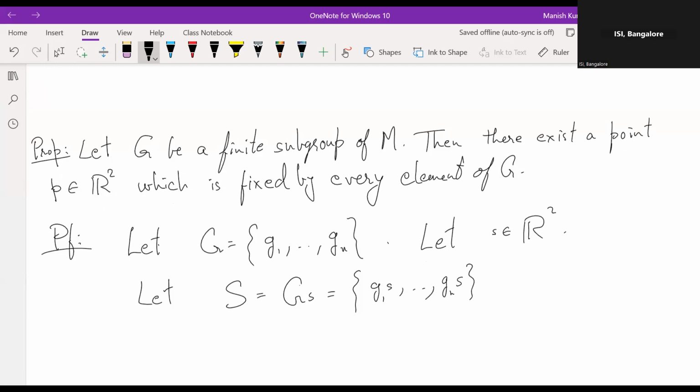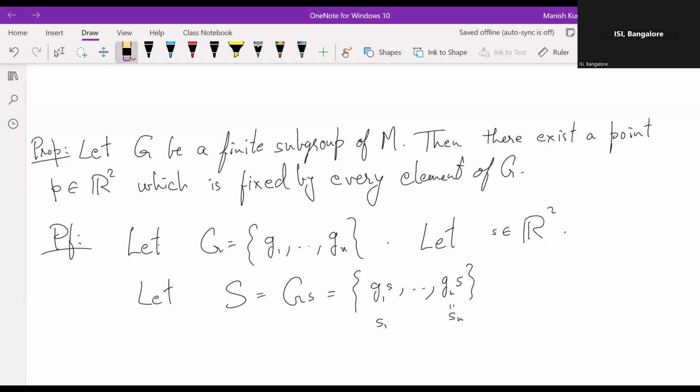Okay, so this is S1 to Sn. It's not clear whether they are all the same or distinct. So it may not have n elements. For instance, we are trying to prove that there exists a point which is fixed by all Gi. So if I chose S to be that P, then it may be just one element. But it doesn't matter. It has some number of elements.